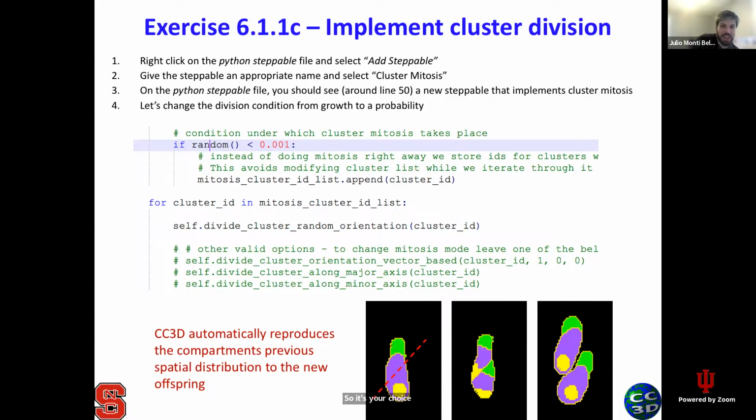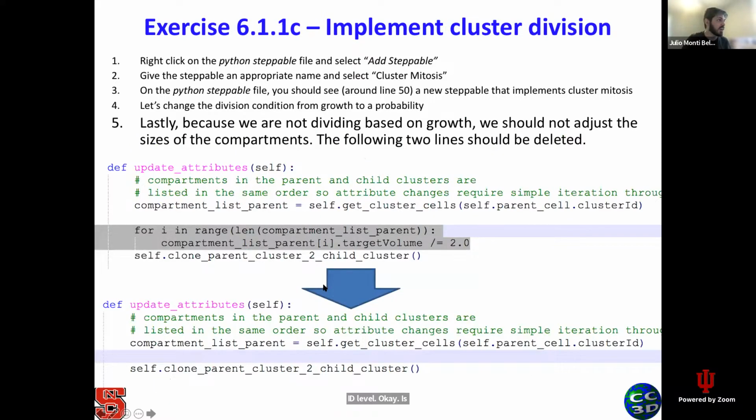Okay. And the other thing that this code does, so you see that it's very, very similar to what you had on the mitosis plugin that you used last week. It's just that everything now is done on the cluster level instead of the cell ID level. You also have an update attributes function like you had before. By default, CompuCell assumes that you're dividing your cluster by growing the cell.